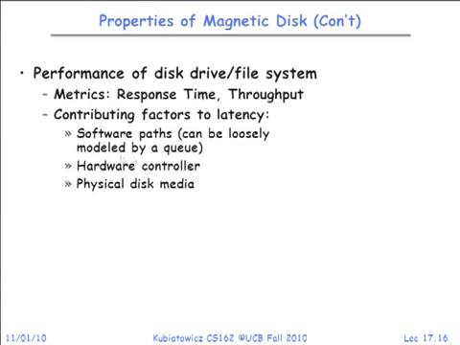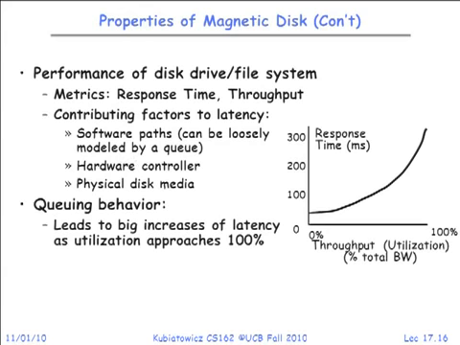One of the interesting aspects of any system like this is its queuing behavior, because from the point at which you make a request, it's got to wait inside the system for a while before it gets to the disk drive. That's a queue. And remember, I think I showed you this curve several times this term: as you get closer to 100% total utilization of the disk or any device, the response time typically grows non-linearly.